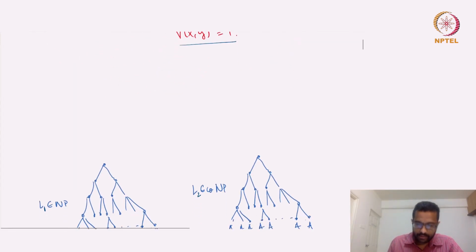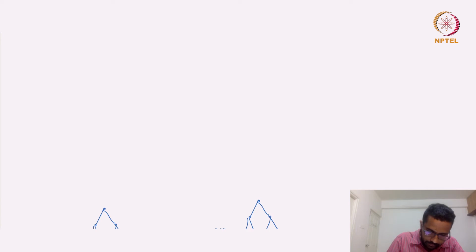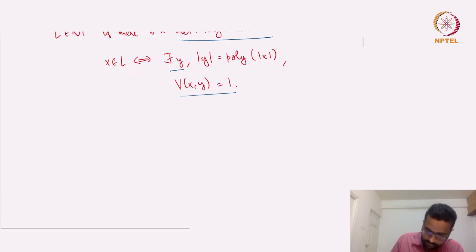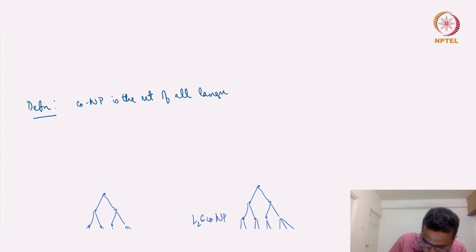Now let us define what co-NP is. Definition: co-NP is the set of all languages A such that A complement is in NP.